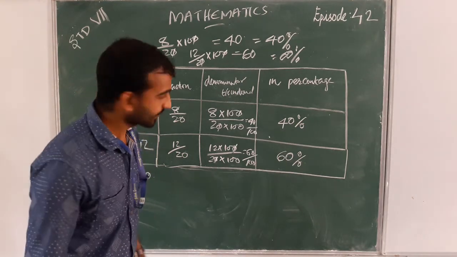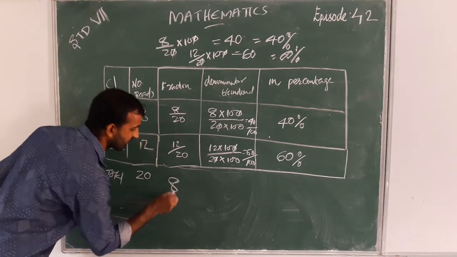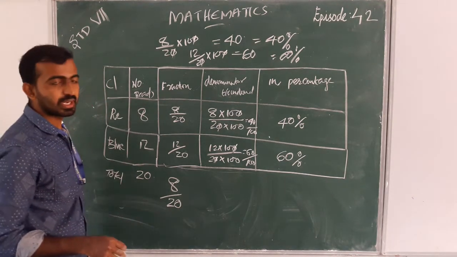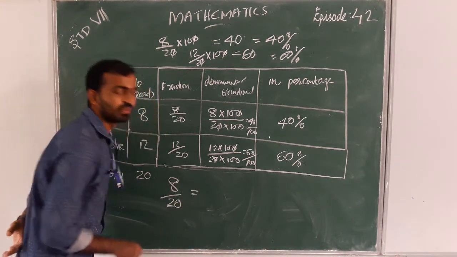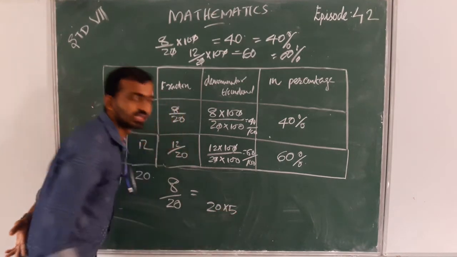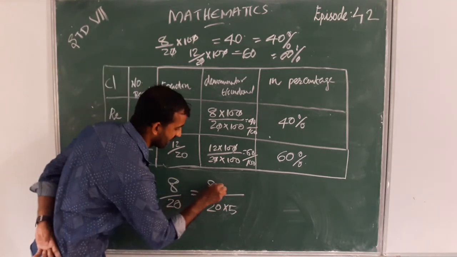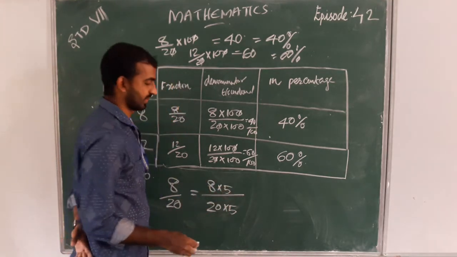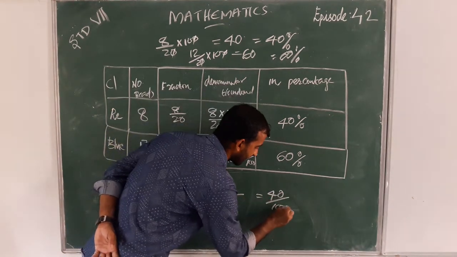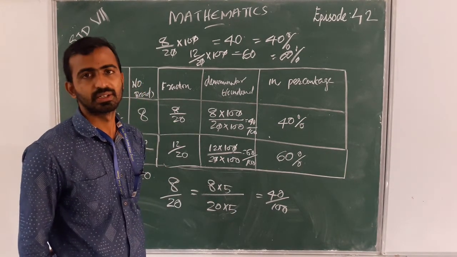We have the fraction 8 by 20. We want to convert the denominator to 100, so which number is multiplied to the denominator? 20 into 5, and 8 into 5, that is 40 by 100.